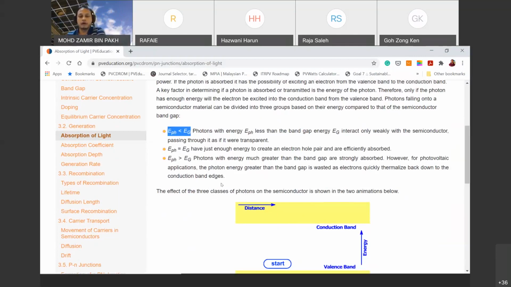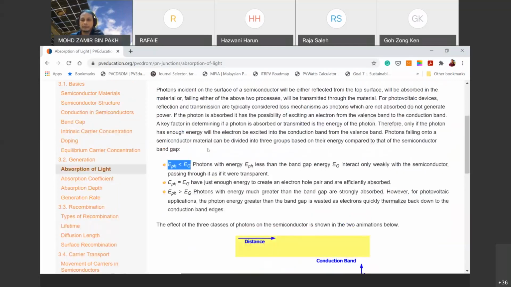So if the photons have energies lower than the band gap, let's assume that the silicon material is being used now, so the band gap is 1.12. Case number one: if the photon energy is less than 1.12, photons with energy less than the band gap energy interact only weakly with the semiconductor material, or the silicon in this case, passing through as if it were transparent.